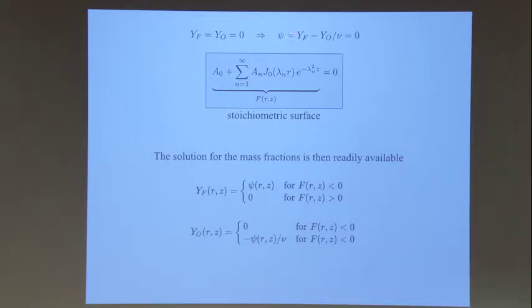If you want the flame height, you set YF and YO to 0, and you get some function of R and Z that describes the surface. And then the solution can be expressed in terms of this psi. So that's clear. Now I want to discuss a little bit what they found here.